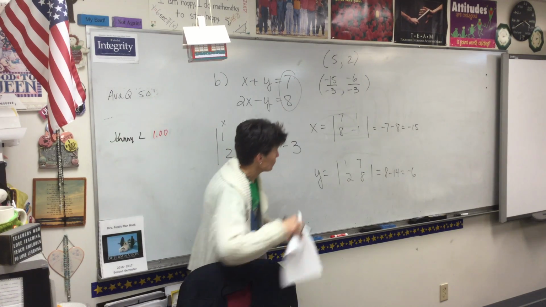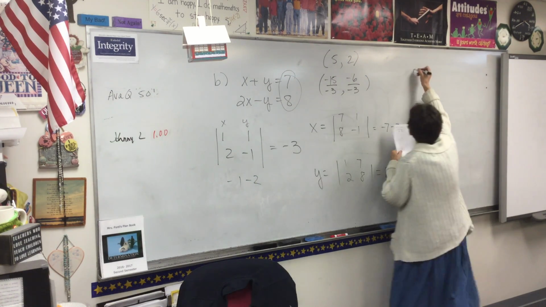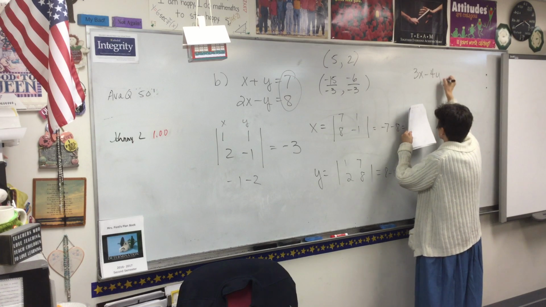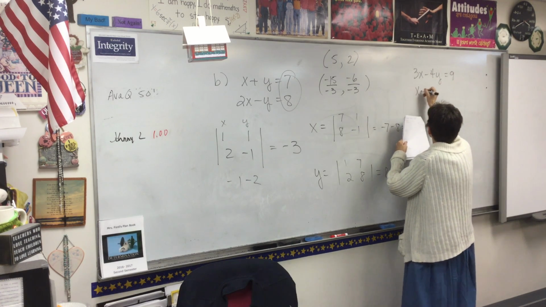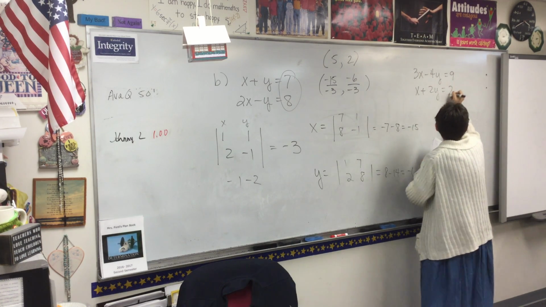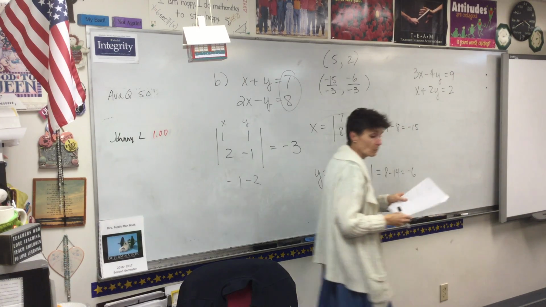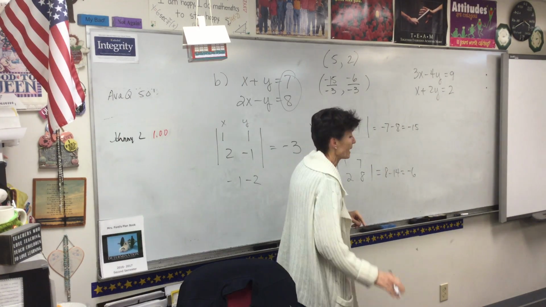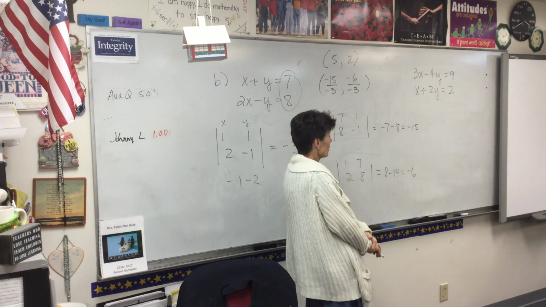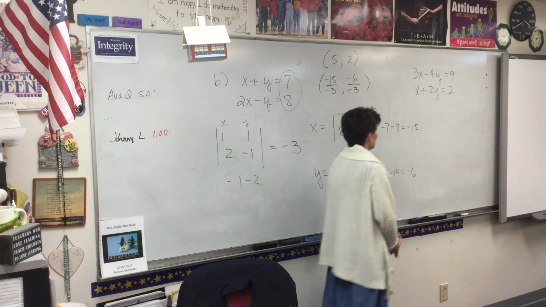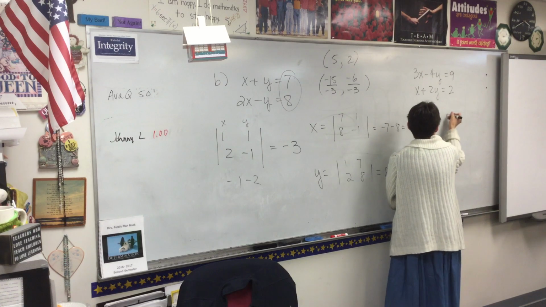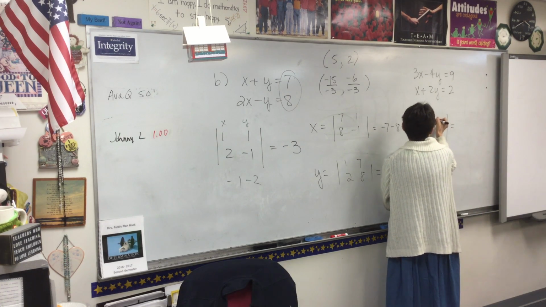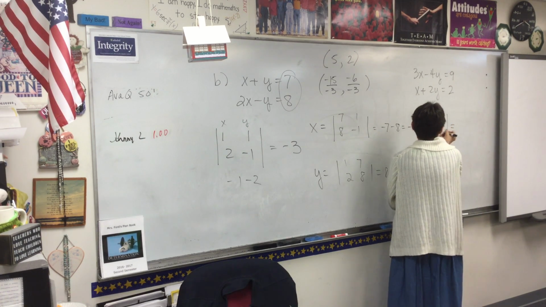All right, let's try the next one. I know you could do these using other methods, but we're practicing Cramer's rule now. So here we go. First thing I do is figure out my coefficients. So 3, negative 4, 1, 2.